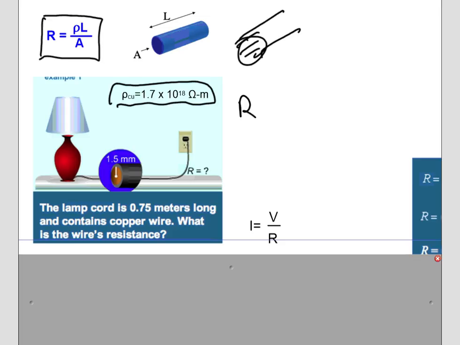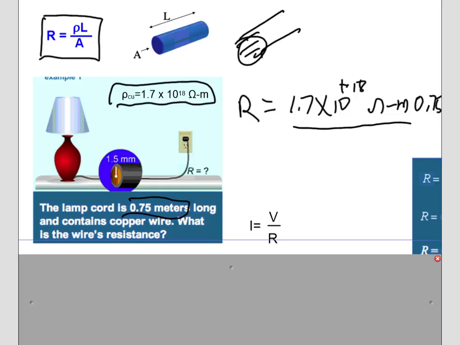So the resistance is equal to rho, which is 1.7 times 10 to the minus 8 ohm meters, multiplied by the length of the wire, which is 0.75 meters, divided by the area.